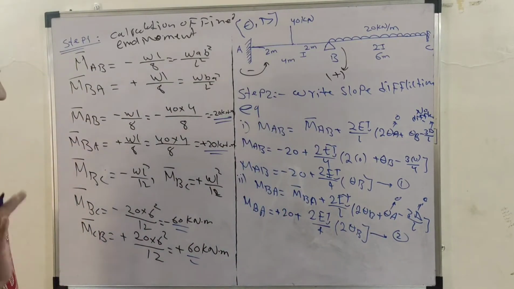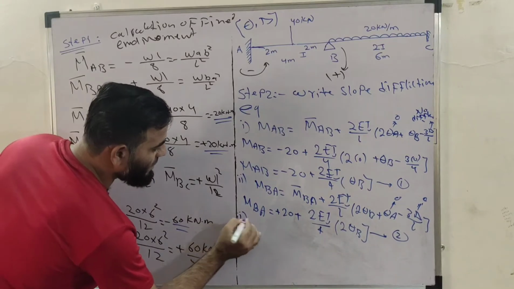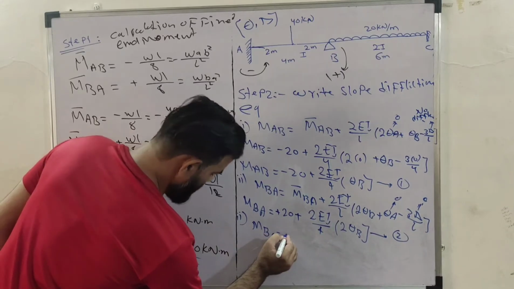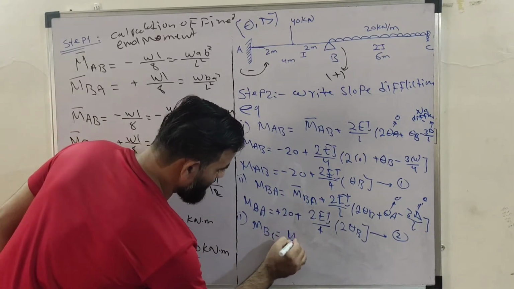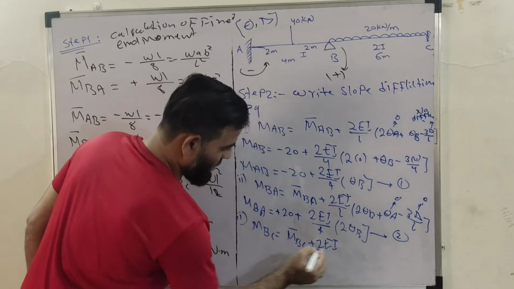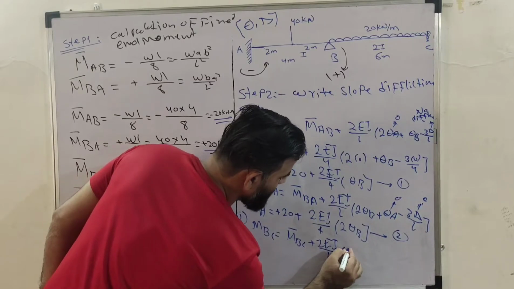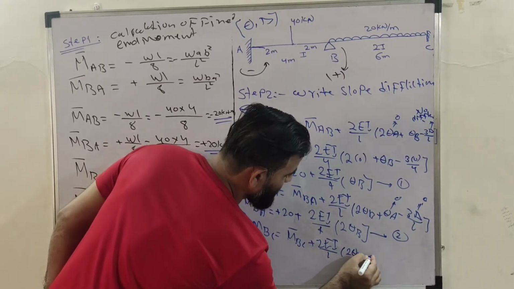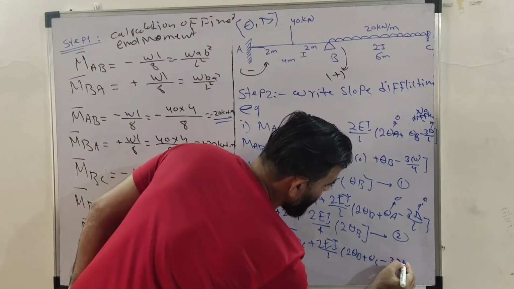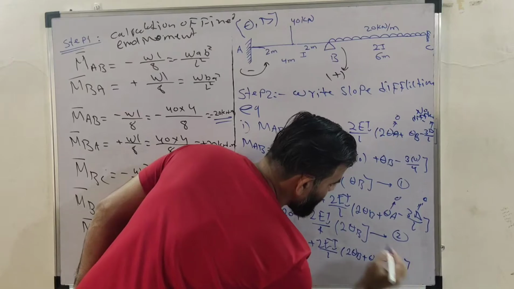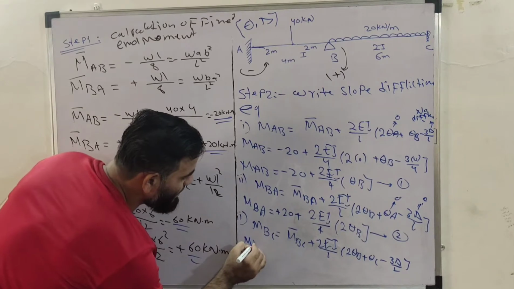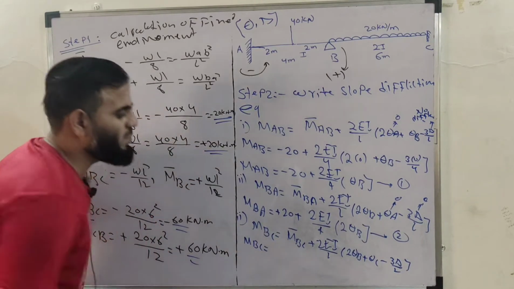Now third equation, we have moment of BC is equal to the formula, fixed end moment of BC plus 2EI by L into 2 theta B plus theta C minus 3 delta by L. Now moment of BC is equal to fixed end moment of BC.